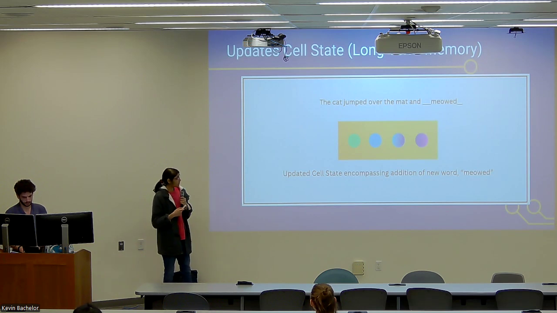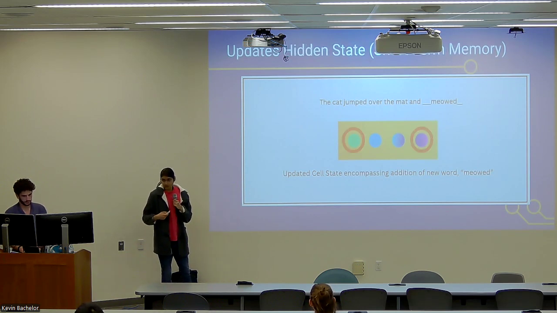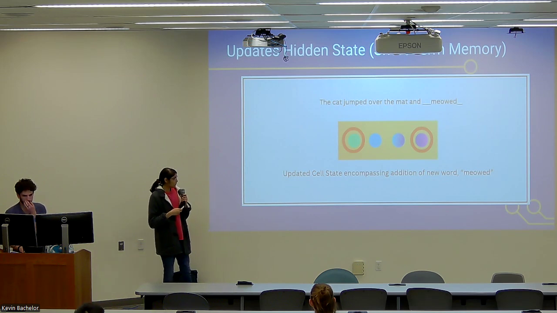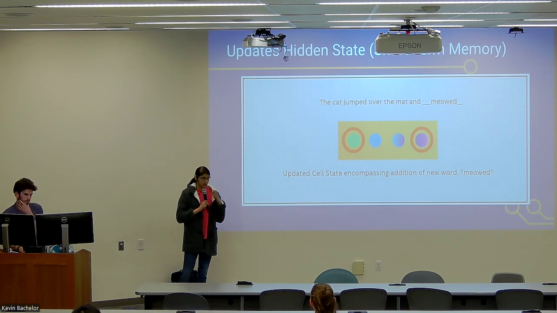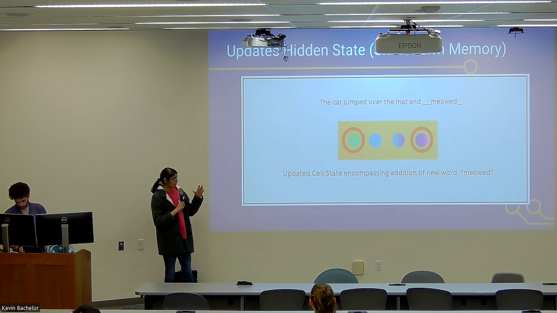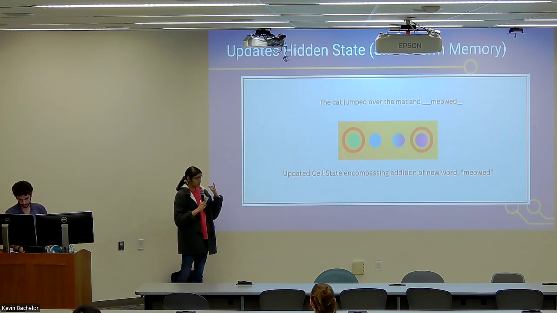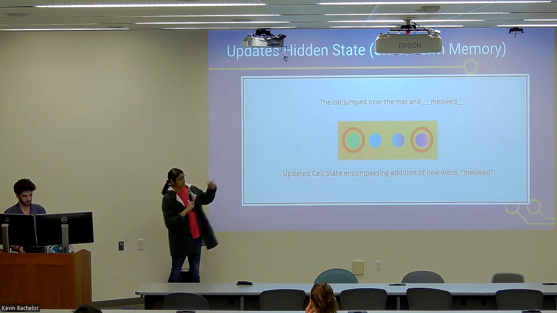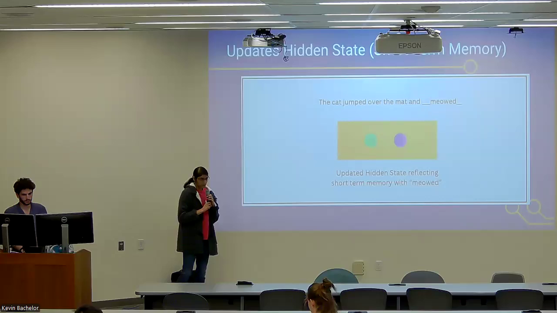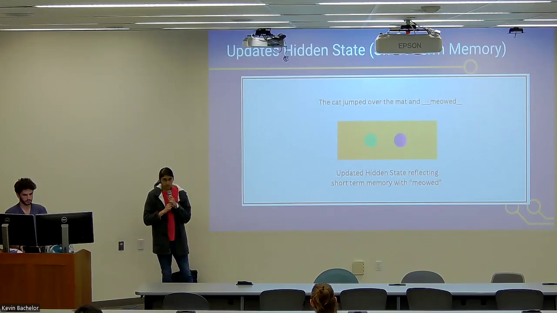So the way it updates the short-term memory, next slide, is it takes some information from that long-term memory, and maybe it says, okay, this green and this purple, that's the short-term information that I need. So it's going to extract those components from this newly derived long-term memory, or newly derived cell state, next, and put it into its short-term memory or its hidden state.